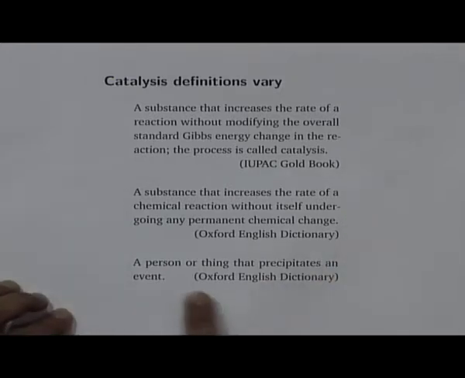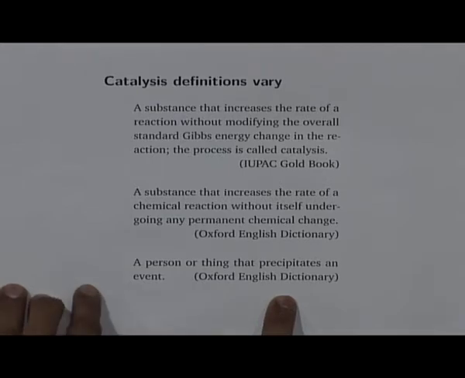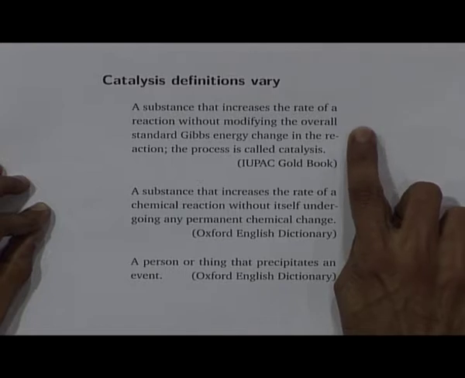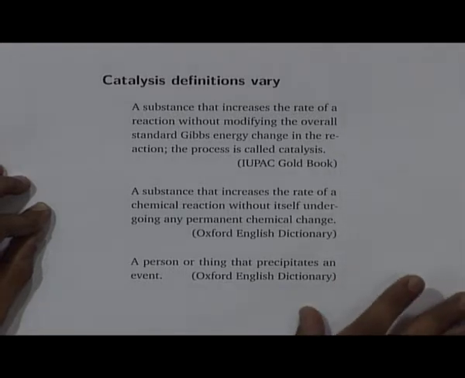And there is another colloquial definition of Oxford English Dictionary also, which I have included here, and it says a person or thing that precipitates an event. That is also catalysis in the normal speak between you and me. But what we would be interested in is the definition according to the IUPAC Gold Book. So, let us move on.